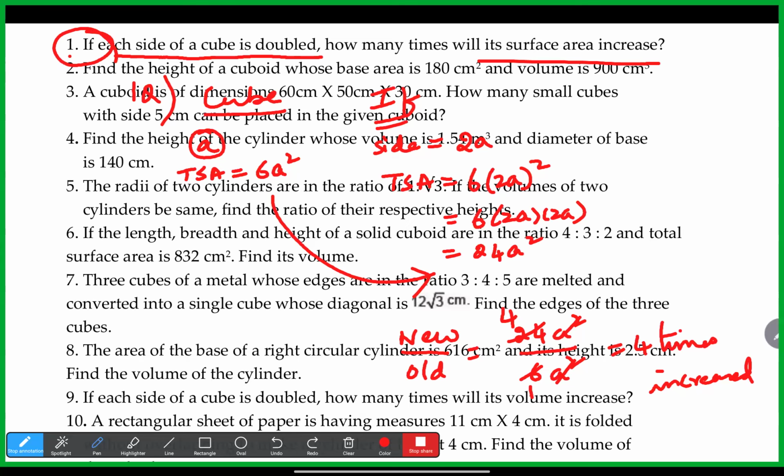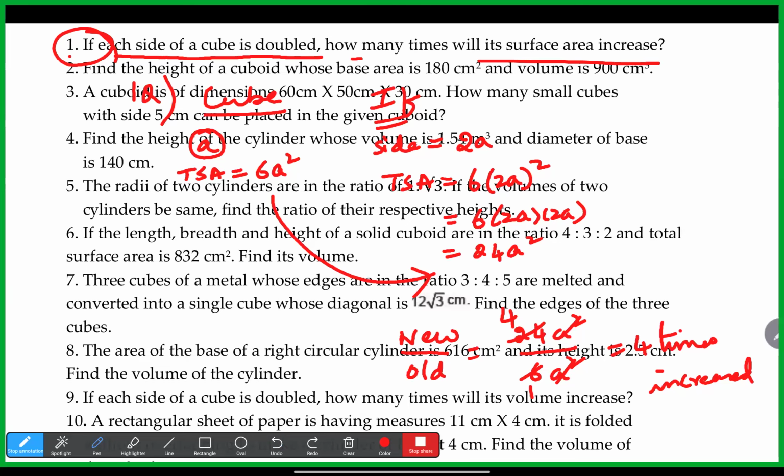Now the total surface area will become 6 into 2A whole square, which is 6 into 2A into 2A. 6 into 4 is 24, so finally we got 24A square.